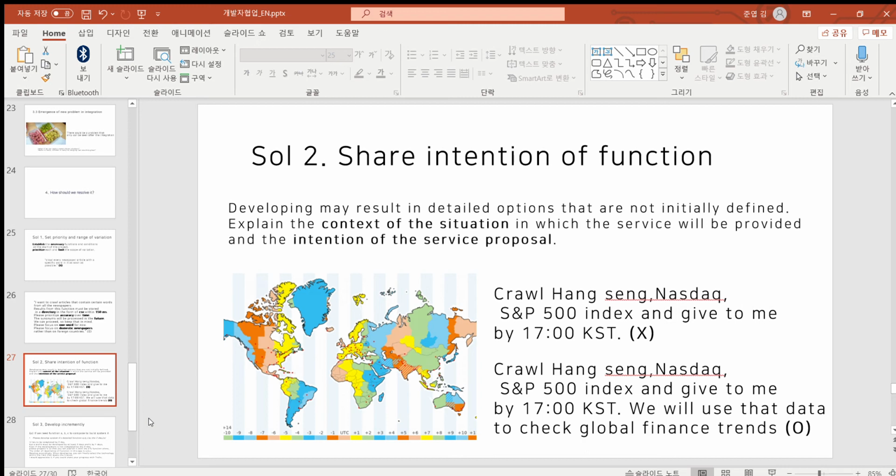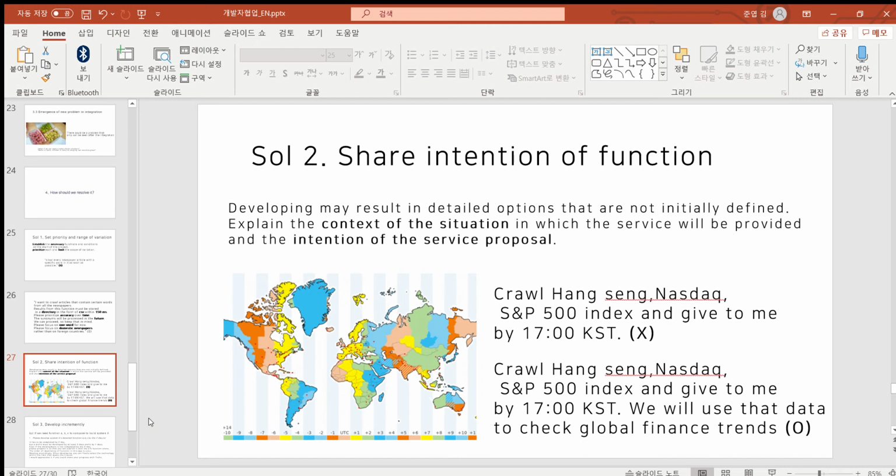So let's say you're working at a stock investing company, and they need the Hang Seng, Nasdaq, and S&P 500 index.